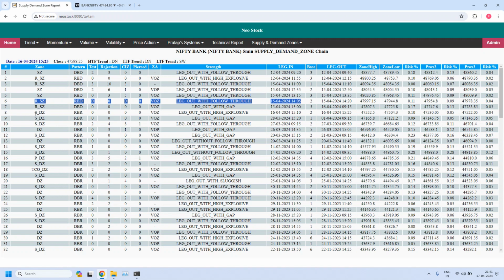And what about high liquidity demand zones? The immediately available one is on 16.4, 15.10, two base candles.